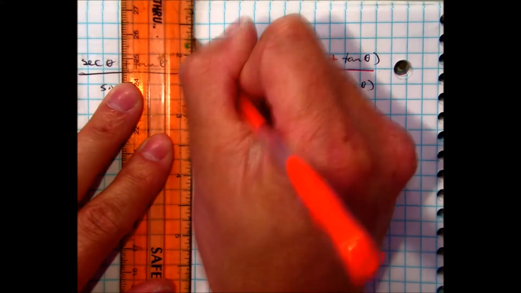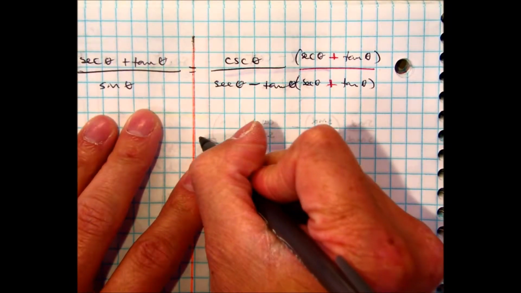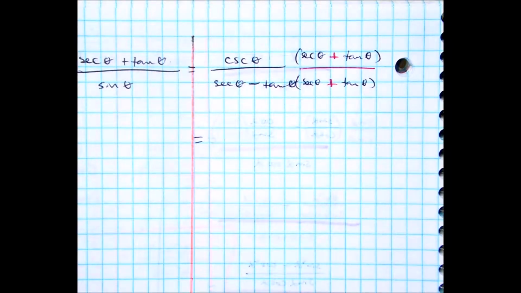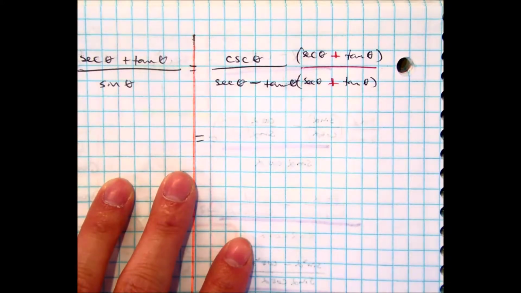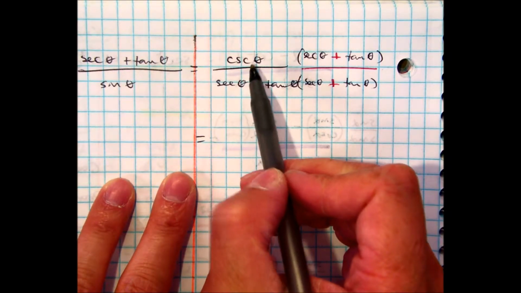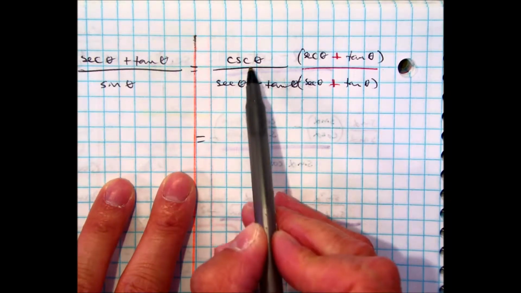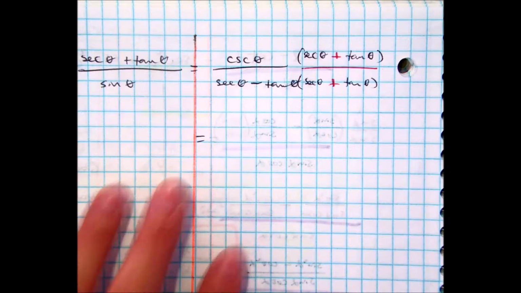I'm going to draw a line down my equal sign. Now, here in the numerator, we can change those into sines and cosines.